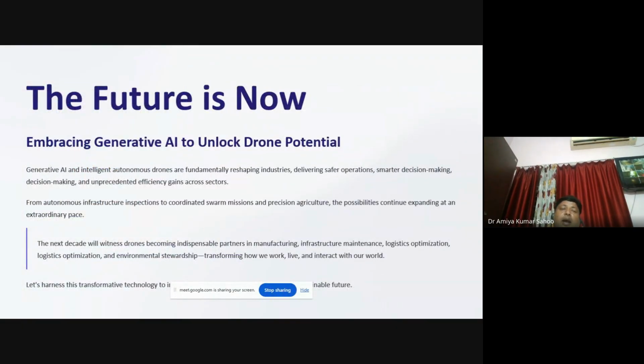So what I started from the first slide, the same thing I am going to focus on, what we overall discussed. The future is now, embracing generative AI to unlock the drone potential. Everywhere, where is AI? There is also Gen AI.